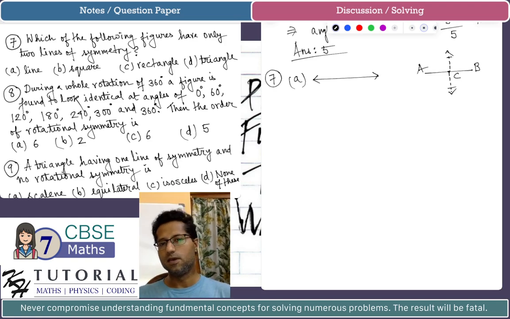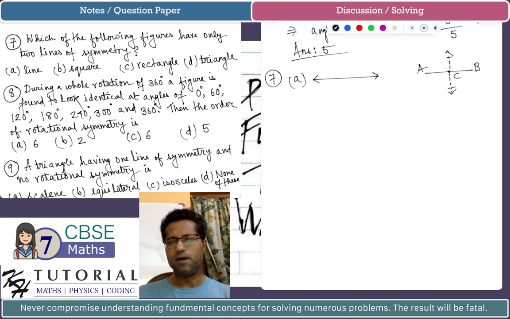A line means it is endless on both sides.